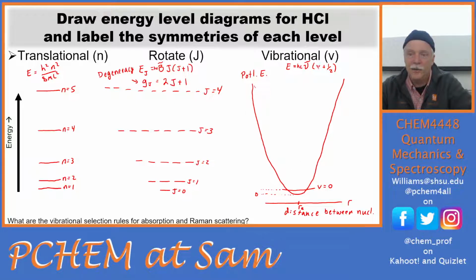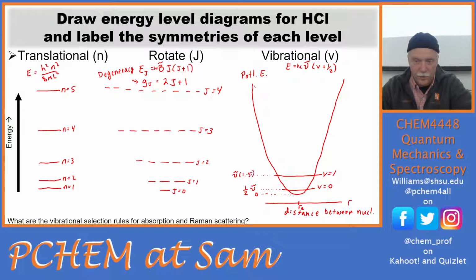So I've got V is equal to 0 plus 1/2, so 1/2 times the vibrational frequency, 1/2 of nu. And then I have V equals 1. So I'm going to draw that level here. And that's the vibrational frequency times 1.5, right? V plus 1/2, 1 plus 1/2.